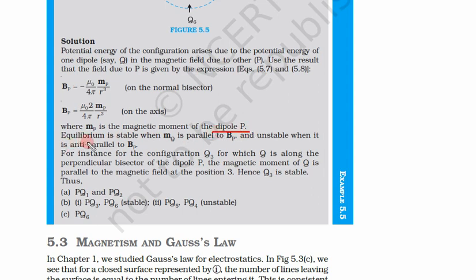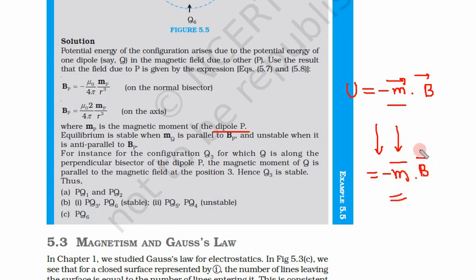Now what is the condition when we get no equilibrium? First let us understand what the conditions for equilibrium are. We have the formula U is equal to minus m dot B. If both are parallel, that means m and B are in the same direction, we get potential energy minus m dot B, which is, if we put cos theta here, cos 0 is 1, that means minus mB.